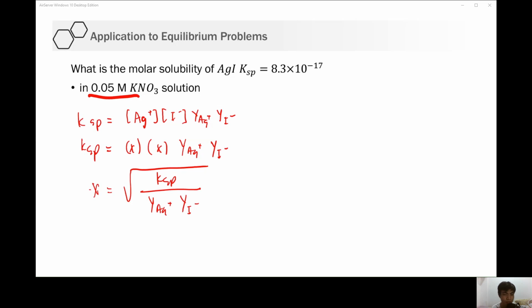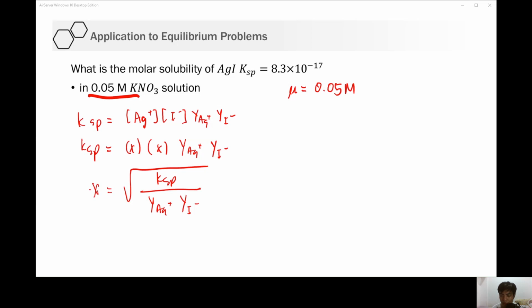Their charges are also 1-to-1 in ratio. Potassium is +1, nitrate is -1. If that's the case, ionic strength is equal to the concentration alone, so ionic strength will be equal to 0.05 molar. That is true when our concentration is 1-to-1 in ratio.